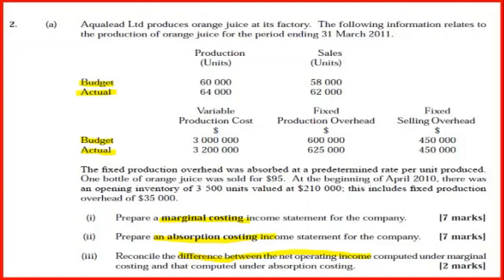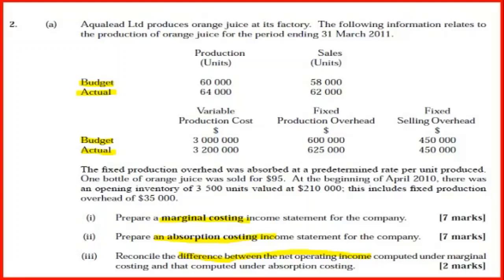So what happened with this is some people went and they produced budgeted, and some people produced actual for the exam. Okay, but whatever you are doing, if you have a situation like this, you should state which one you're doing, right?